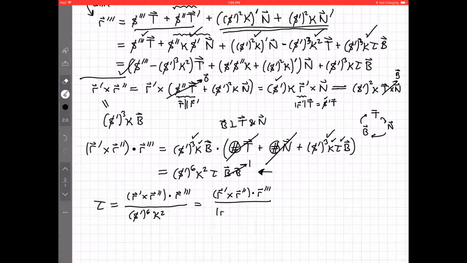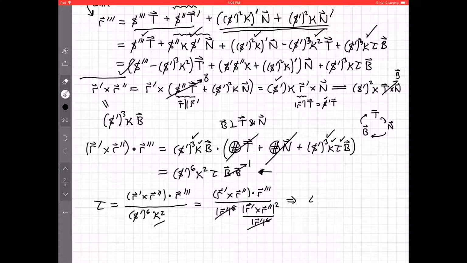I'm going to rewrite s prime as the length of r prime. Those are the same thing. So we have that to the 6th power. Kappa, we have already had a cross product formula for that. Remember, that was the length of r prime cross r double prime over the length of r prime cubed. So if I have kappa squared, we'll have the length of r prime cross r double prime squared over the length of r prime to the 6th. So that's just using that formula for kappa. The r primes cancel, and there we go.